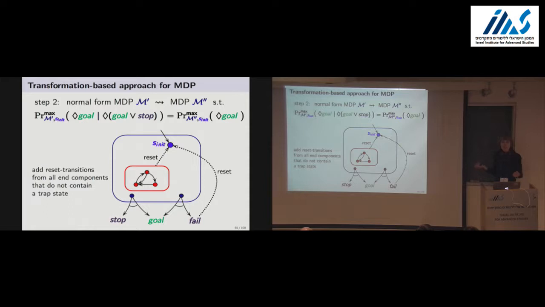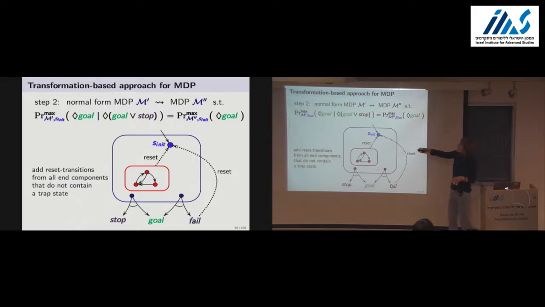We just introduce such a reset transition as an additional non-deterministic alternative. Whenever you are in such an end component, then you have the possibility to return to the initial state and to try again.